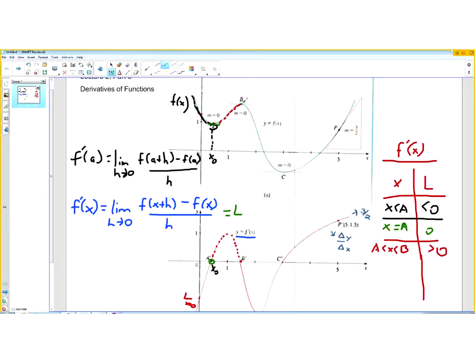Now at B is another transitory point. At B, the slopes of the tangent lines to f of x transition from positive values to negative values. You can see that here. These slopes, drawn in blue, have negative slopes. And to transition from positive slopes to negative slopes, you have to step on 0.